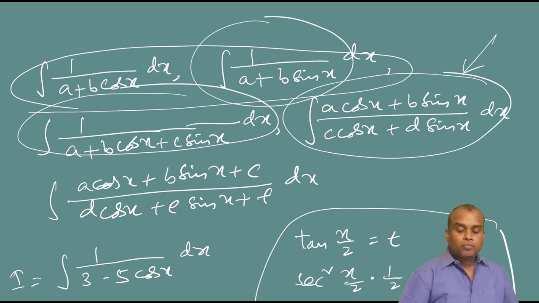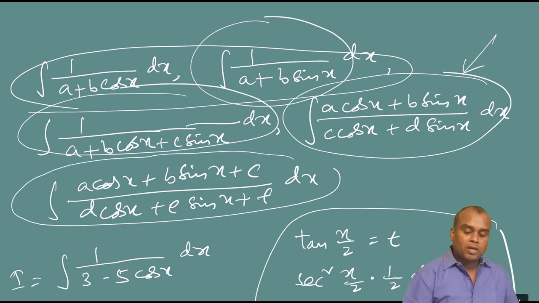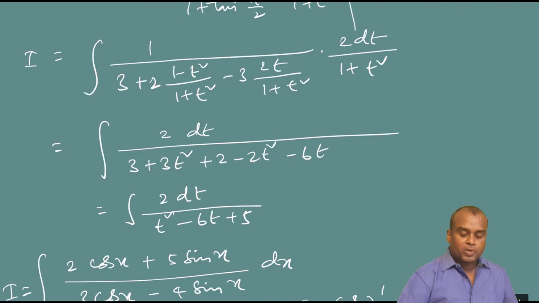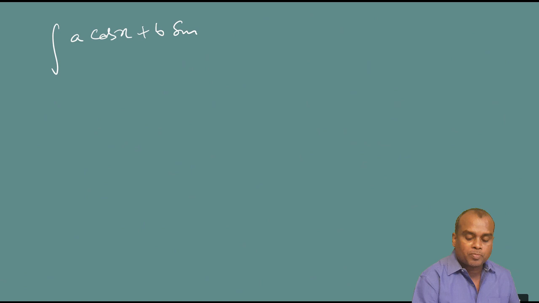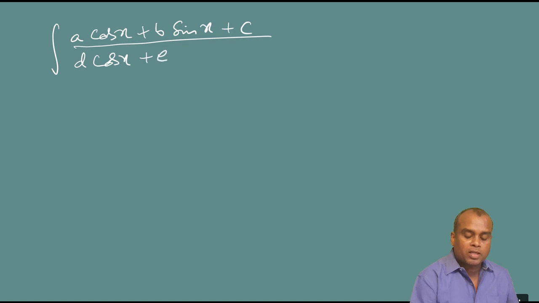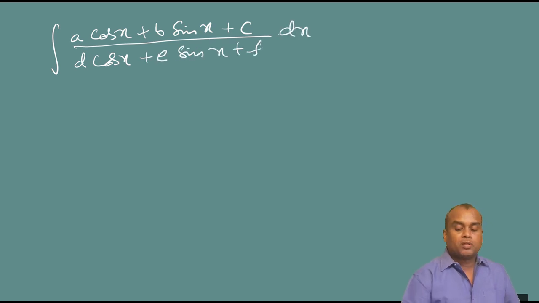Okay. Now coming to the last type. What we do here in the last type. You see, once again, it is like integral. I am writing one more time the same thing. It is a cos x plus b sin x plus c by d cos x plus e sin x plus f dx.